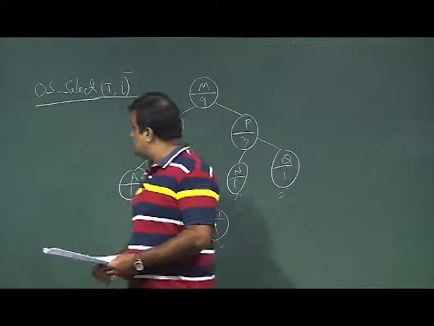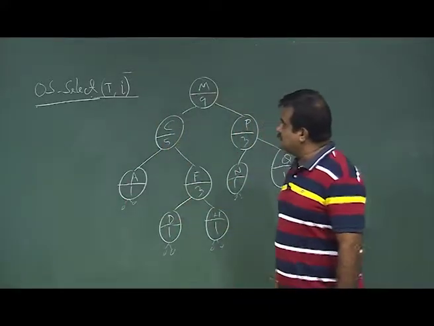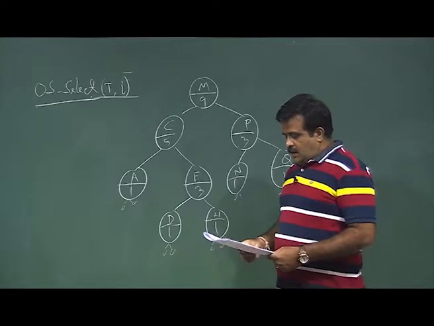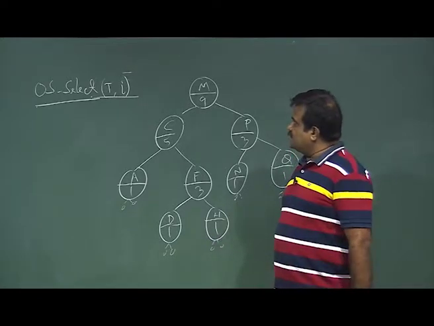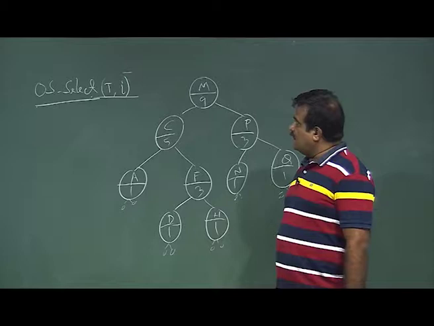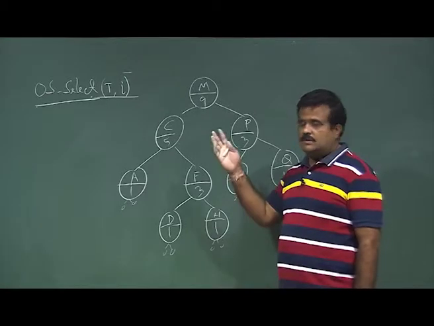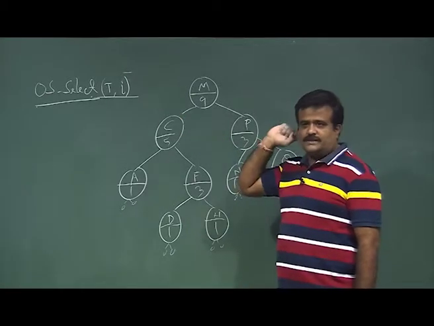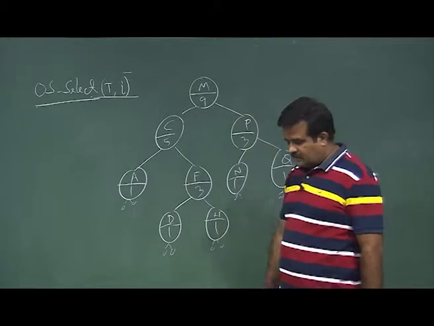So suppose this is the red black tree and this is the x. Now we want to find the ith smallest element, that is called OS select, order statistics, but here on the dynamic set.